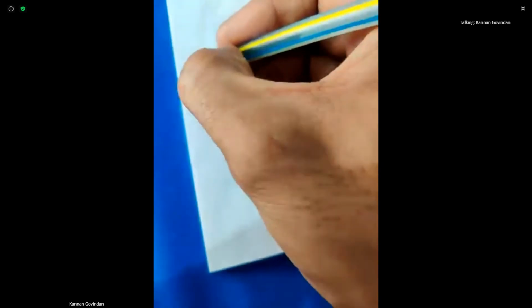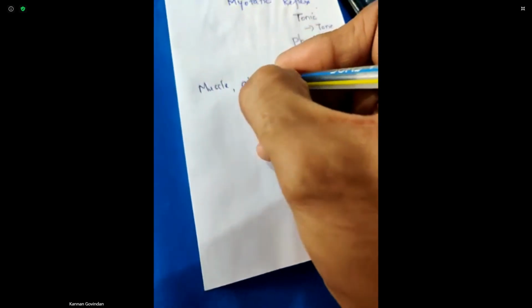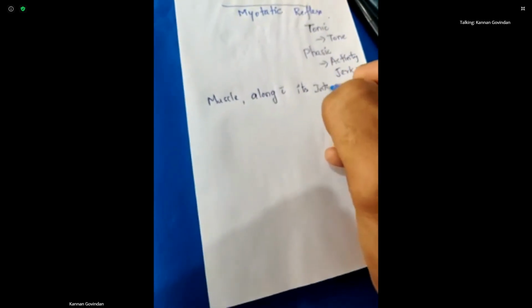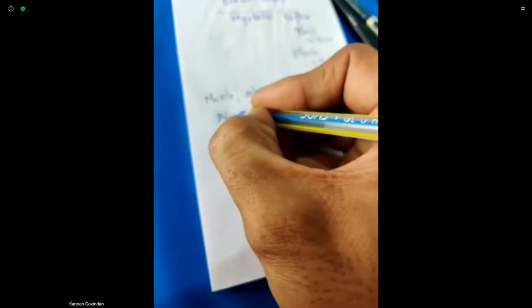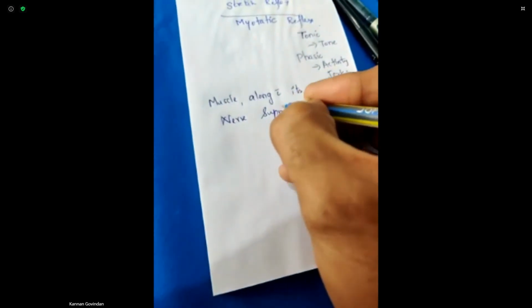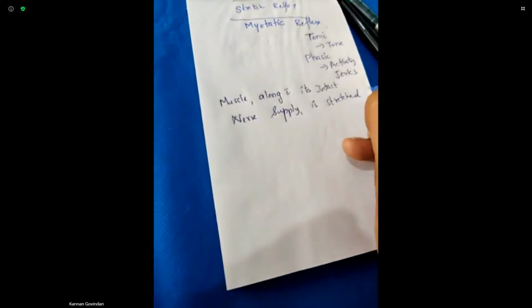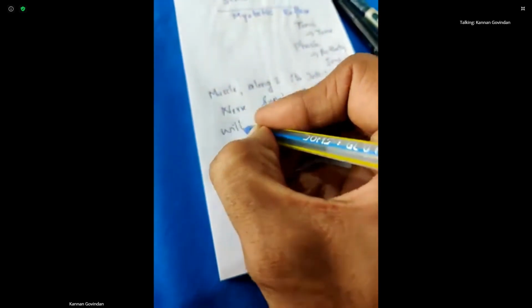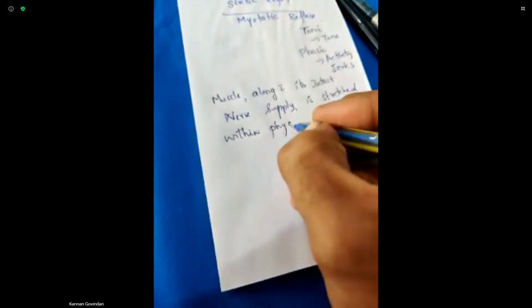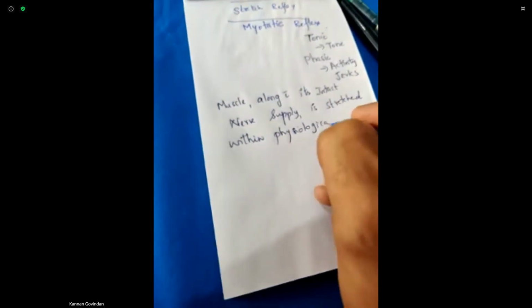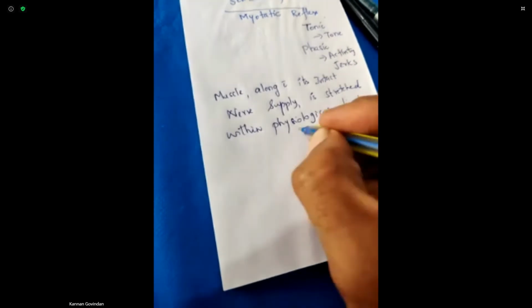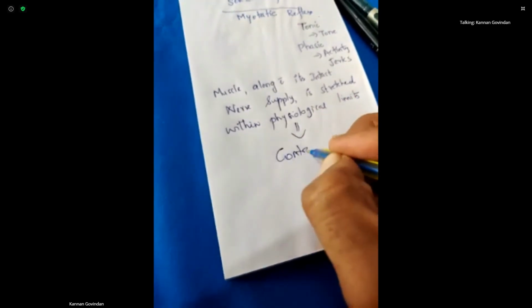Okay. So what is stretch reflex? Whenever a muscle, along with its intact nerve supply, and this is very important, is stretched, very important, within physiological limits, it goes for contraction.